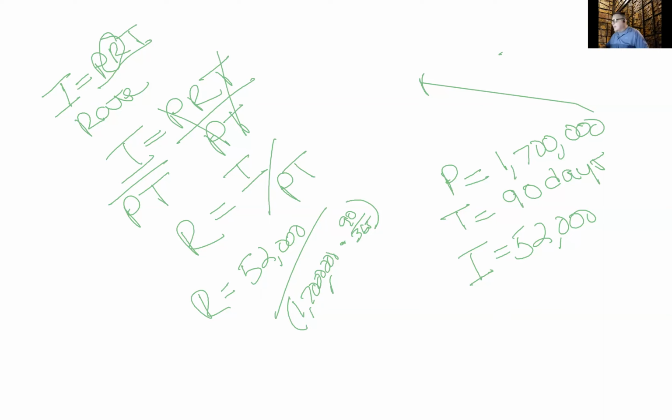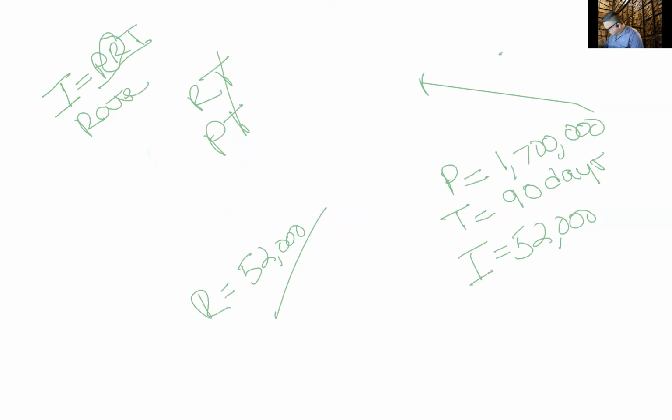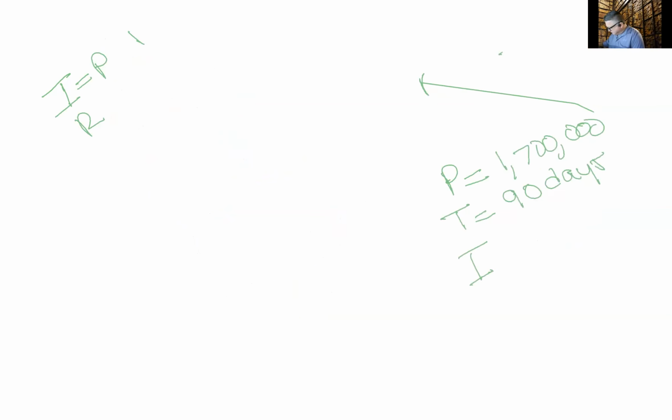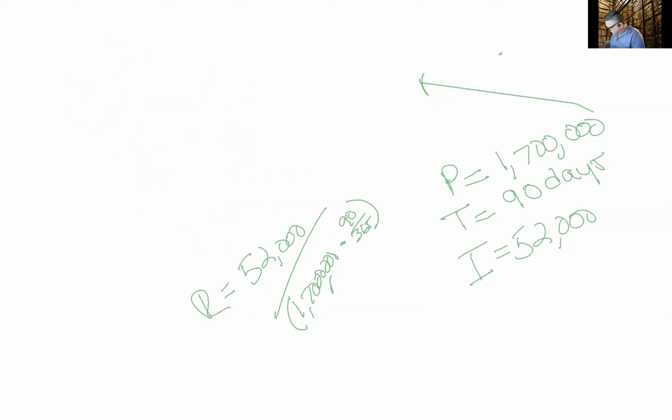So do this first. 90 divided by 365. All right.